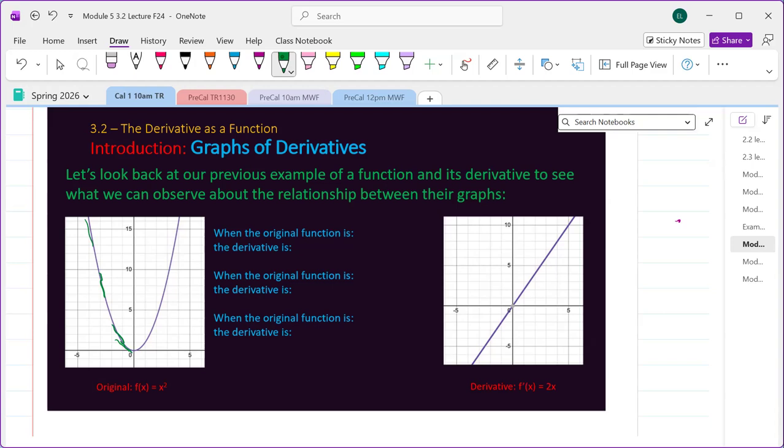So when the original function is decreasing, what are those slopes of the tangent line? Are those positive slopes or negative slopes? Negative. And then when we look over here at our graph, the y values are negative.